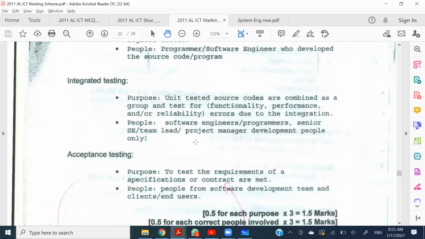So in there, definitely the end user or the client will be one of the groups, and the other is going to be some people from the software development team or the project team, right?